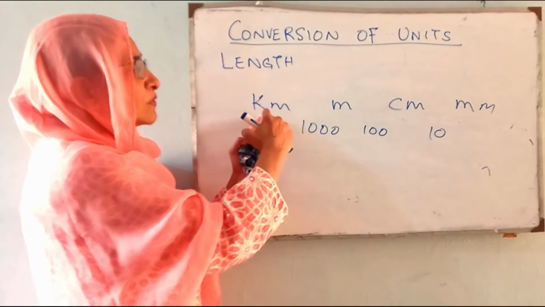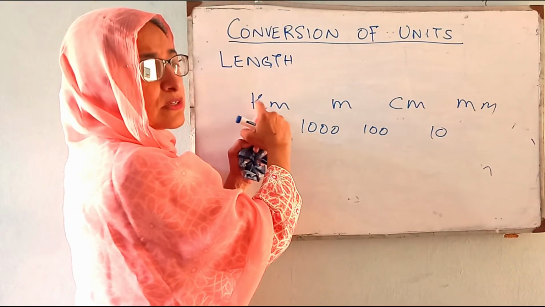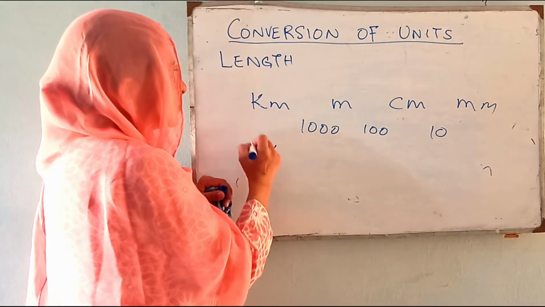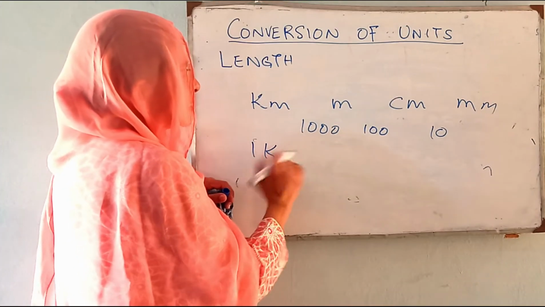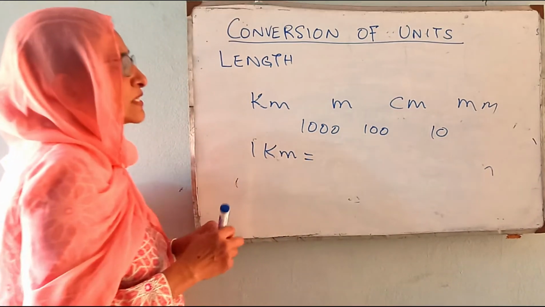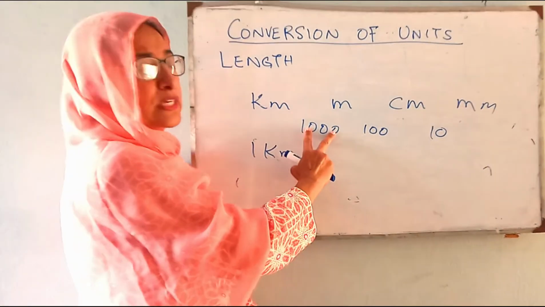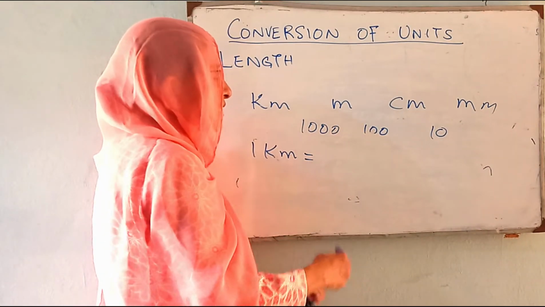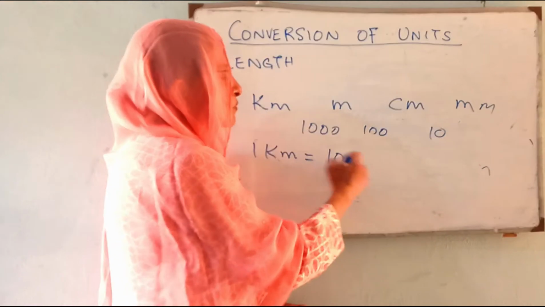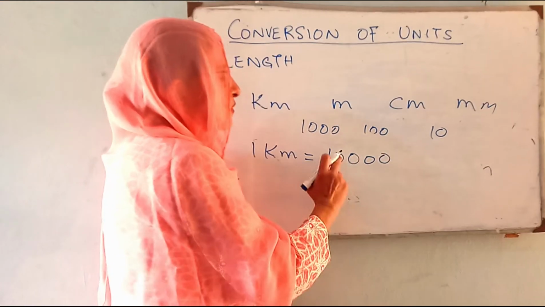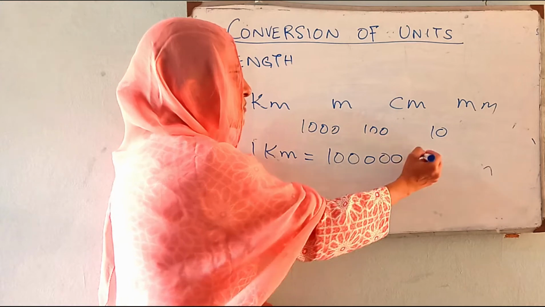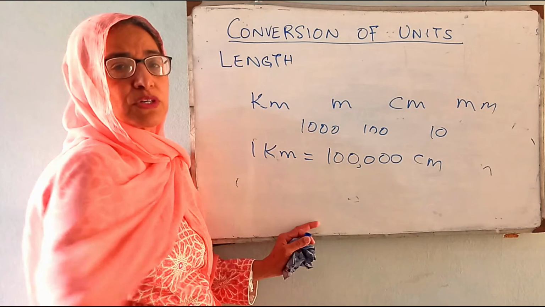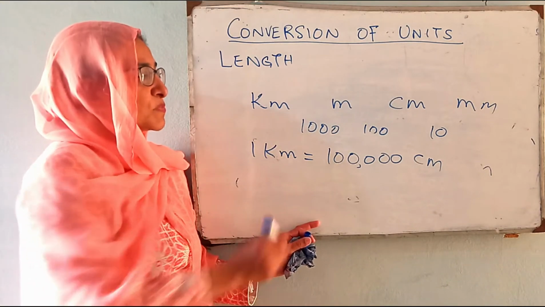I want to find out how many centimeters are in 1 kilometer. 3 zeros are here plus these 2 zeros. So 3 plus 2 is 5. So 1 kilometer is equal to 1 with 5 zeros, 1, 2, 3, 4, 5. So it is equal to 100,000. 1 kilometer is equal to 100,000 centimeters.